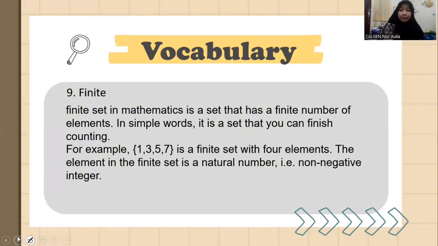So for the example, what are the numbers under 10 but above 5? So we know the numbers under 10 but above 5 are 6, 7, 8, and 9.